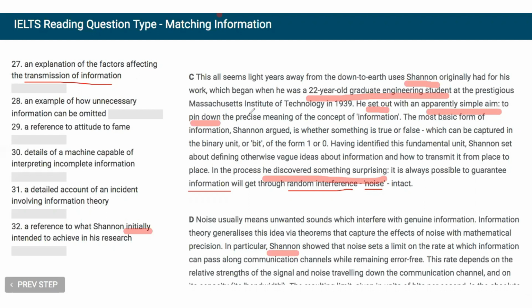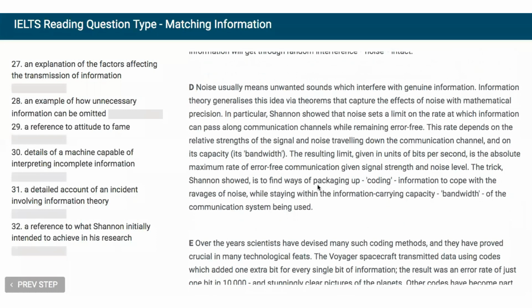However, notice that there's more information regarding Shannon's young career when he was 22 years old, his initial aspirations and what he set out to do. And so for that reason, I would say that C is best for number 32, not number 27. And number 27, this information here is really just a trick to confuse you. Okay, so let's clear our drawings and move down to paragraph D.